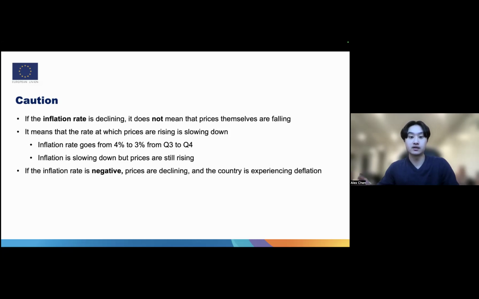It went from 4 to 3, but prices are still rising. 3% is not negative, right? But if the inflation rate is negative, then overall actual prices are declining and the country is experiencing deflation, which is not a good thing because it usually means things are going wrong under the hood, where there's not enough demand to meet production, or people are saving money for a rainy day.